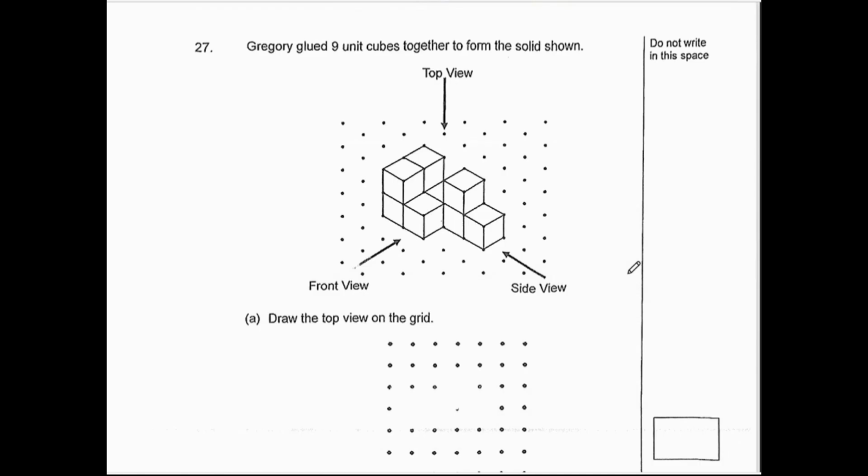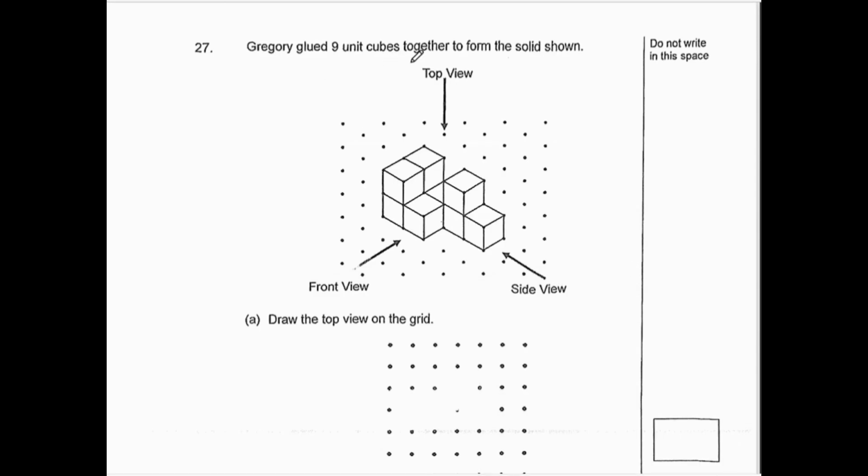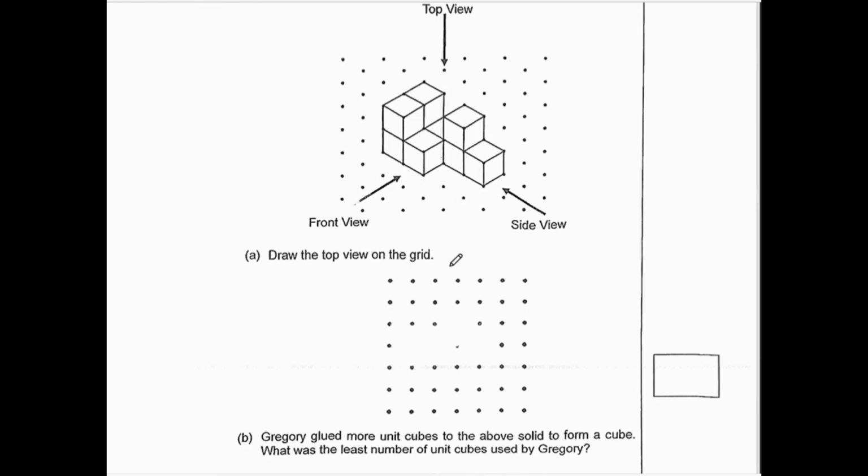Question 27. Gregory glued 9 unit cubes together to form the solid shown. Okay, you're supposed to draw the top view. Now, for the top view, you have to imagine you're standing here from the front, and then you look down. You're not standing at the side, you're standing at the front, and then you look down. Okay, so when you look down on the leftmost side, you see 2 cubes. So you start with 2. You use a ruler to draw this.